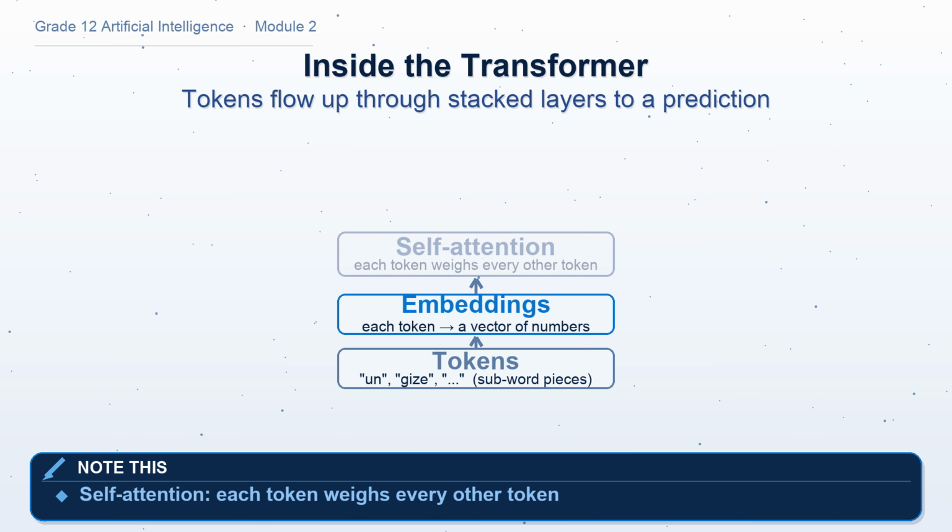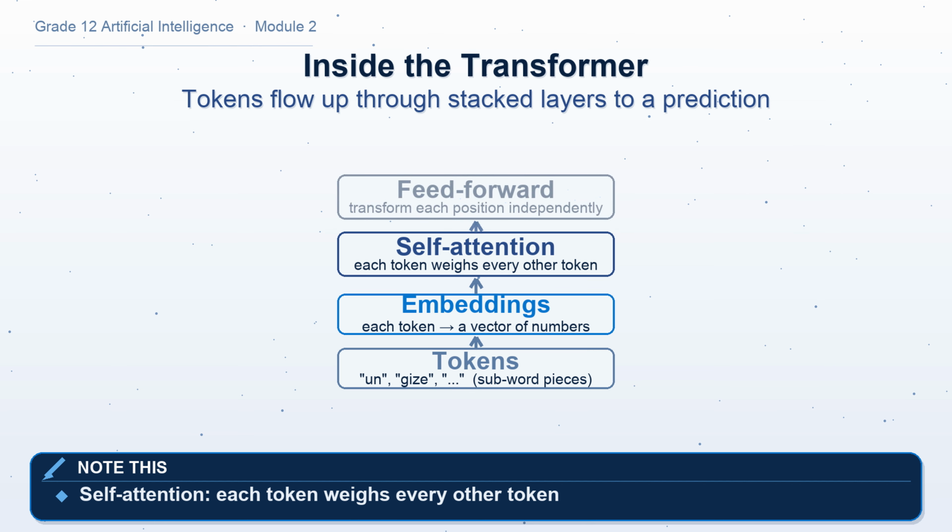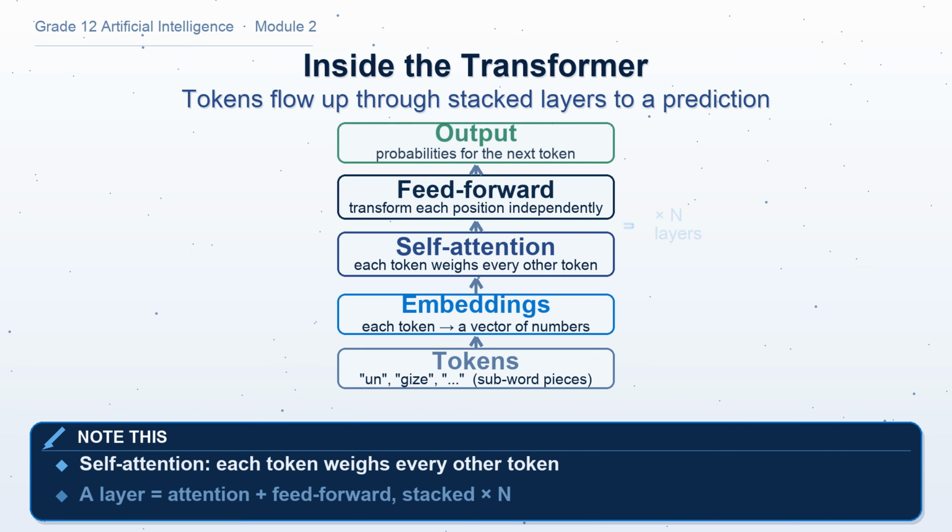Self-attention lets every token look at every other token and decide which ones matter for its meaning here. After attention, a feed-forward step transforms each position on its own. This pair, self-attention then feed-forward, is one layer, and the model stacks many such layers, one on top of another. At the very top, the model outputs probabilities for the next token.